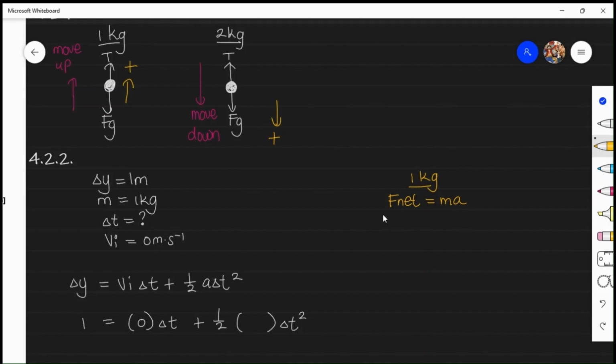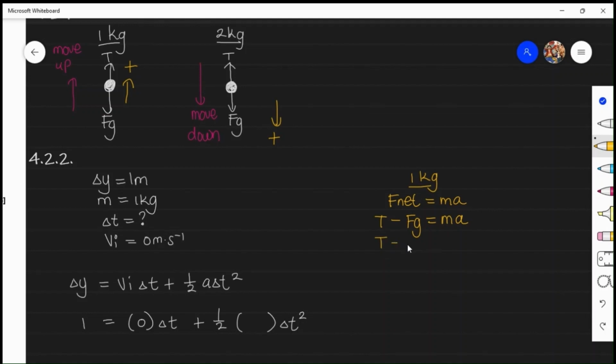Therefore, tension will be positive. Next, we need to deal with gravitational force. Because gravitational force is moving downwards, whereas my direction of motion is upwards, that means gravitational force is going to be negative, and that is equal to ma.